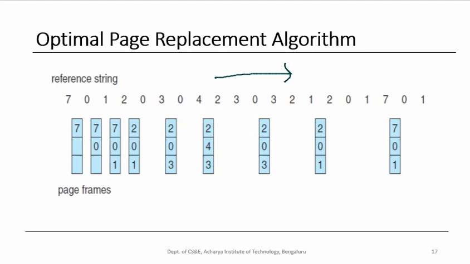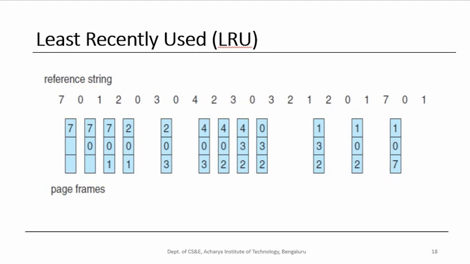Now after this, let us discuss about another page replacement algorithm, which again makes the backward check and is practically feasible. Okay, the next algorithm is least recently used. In this case, first 3 page faults are common in all the page replacement algorithms, because we have assumed pure demand paging, right?